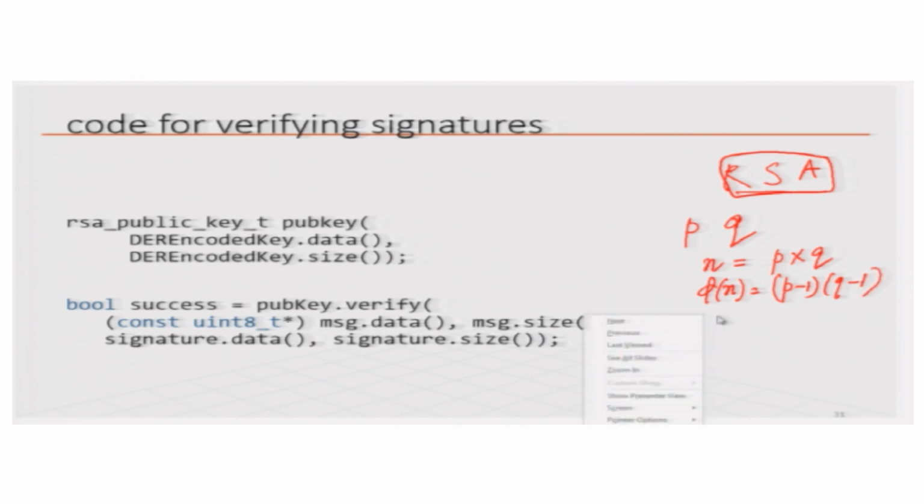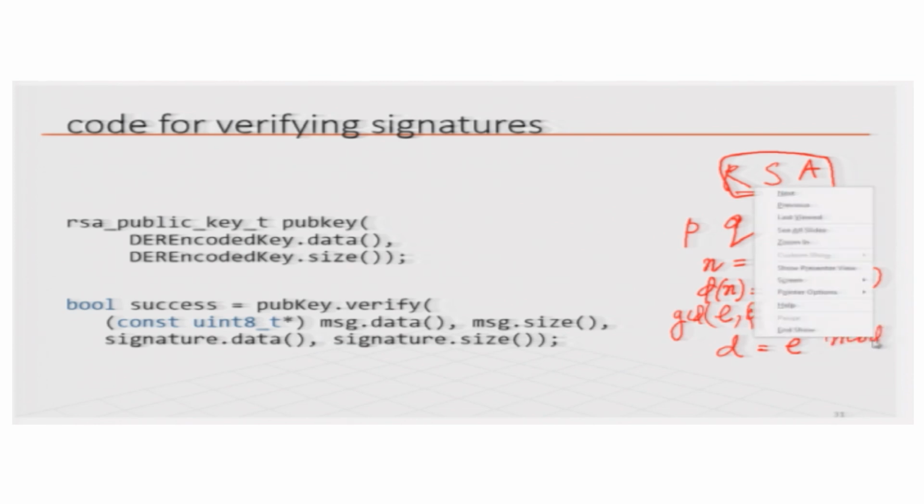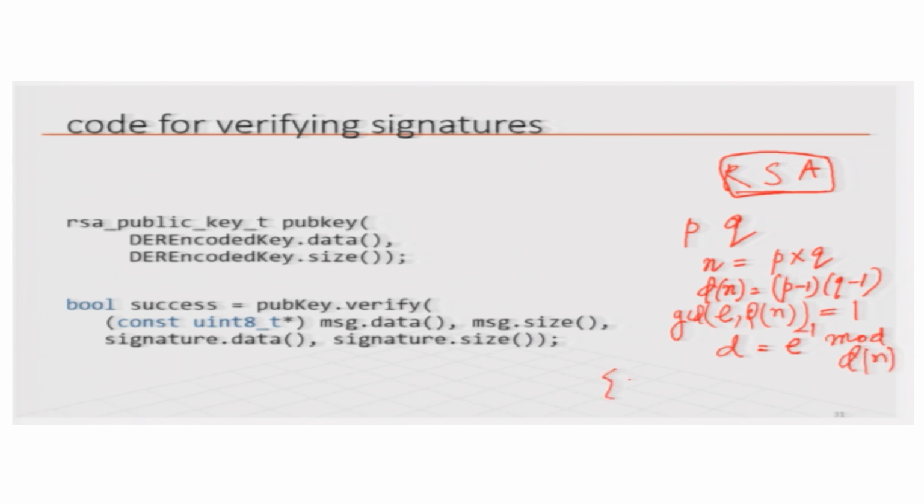Then we choose a number e whose GCD with phi(n) is 1, and then we choose d, which is the multiplicative inverse of e modulo phi(n), and then we publish e and n as the public key and we keep d and n as the private key, right.